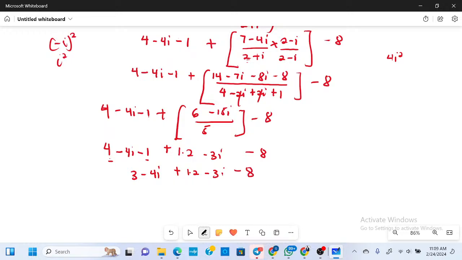So 3 minus 8 will give me negative 5. Negative 4i plus negative 3i will give me negative 7i. And I still have a 1.2 here. So when I add it, I'll be getting negative 5 plus 1.2, that is negative 3.8, minus 7i.